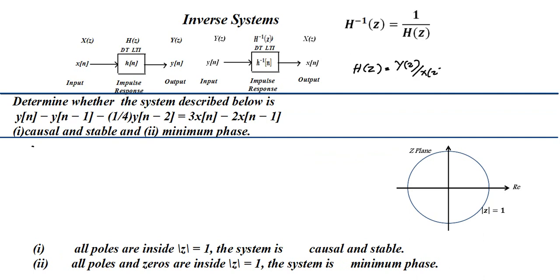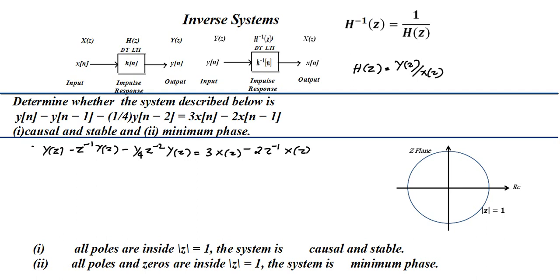For that we need to take the z transform of this equation. So we can write Y(z) minus z^-1 Y(z) minus 1/4 z^-2 Y(z) equals 3 X(z) minus 2 z^-1 X(z).